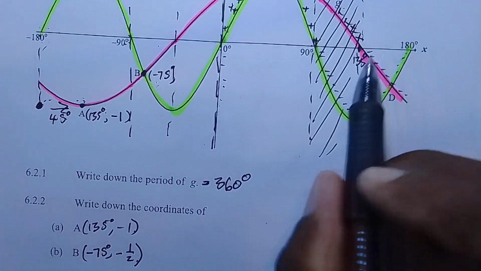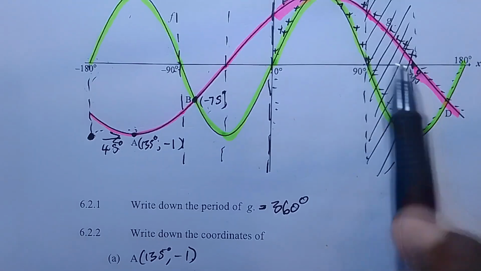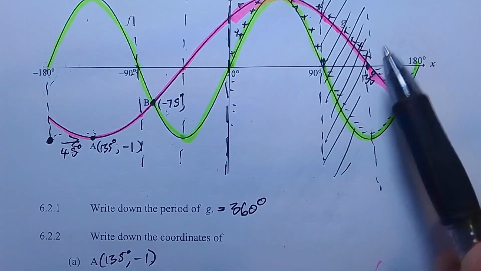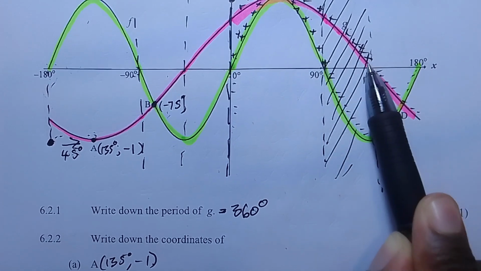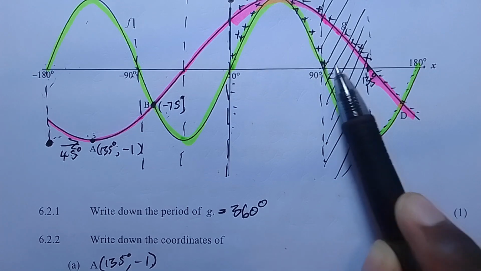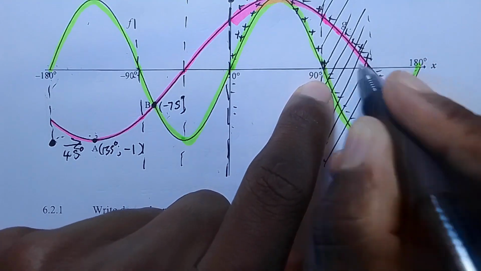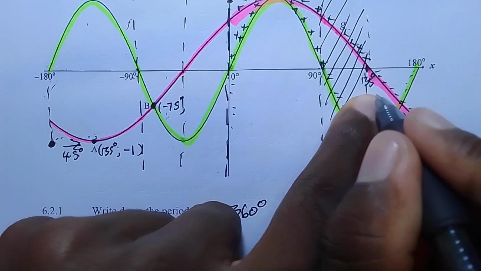Right, so why is this 135, you might ask? One answer would be you could use transformations, because this on the original cosine graph would have been at 90, and we know that this graph shifted 45 degrees that way to form the new function, which is cos(x minus 45).